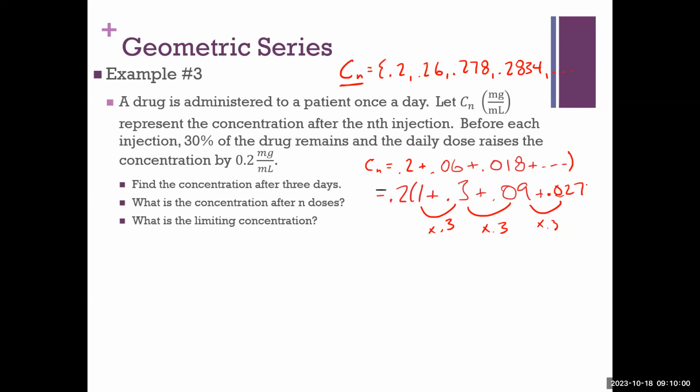It should be 0.027, right? I believe if I add 0.027 to this, I'll get the next term. I don't think I remembered it correctly. So what is 0.278? 0.278 plus 0.027 is 0.305.